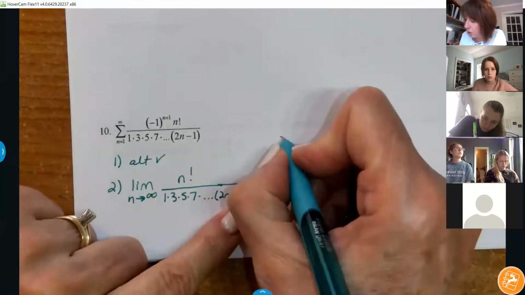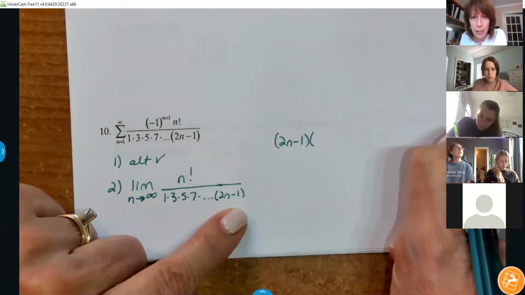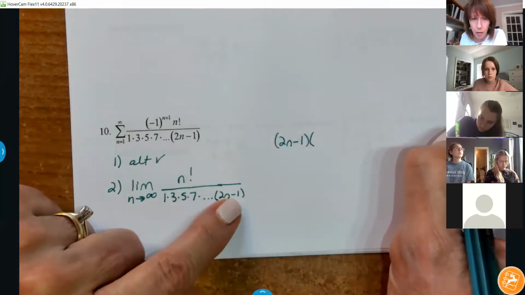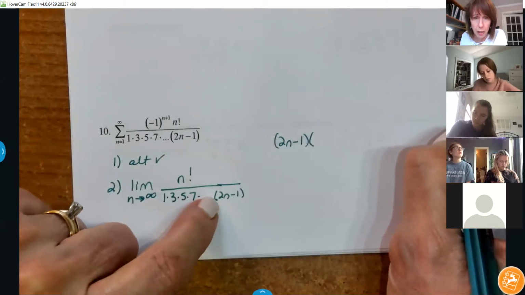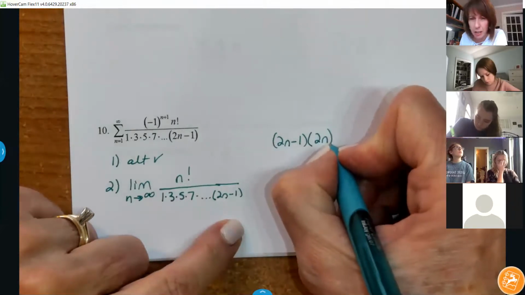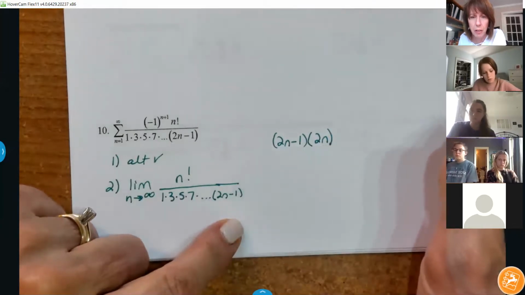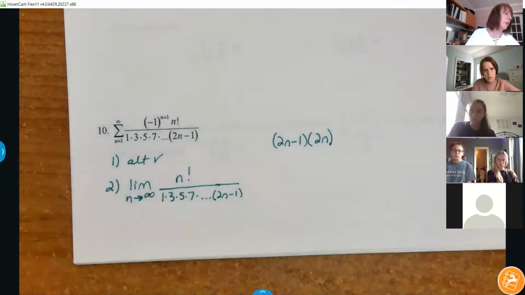So 2n minus 1, the next number down, the next number that would be here would be 2n, is that right? Is that true? Or would it be 2n minus 3? Which would that be, you guys?